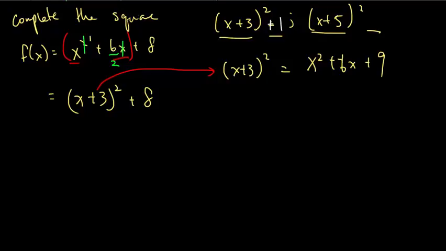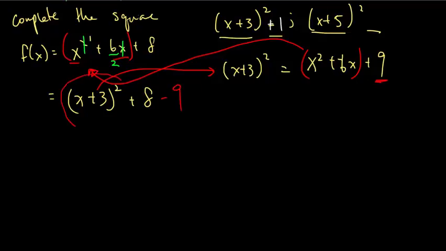Now this term here matches exactly with this, but not this term here. So that means that we need to actually minus the 9 off, because while we do this we are introducing a positive 9, so we have to minus that 9 off to give us back this term here.